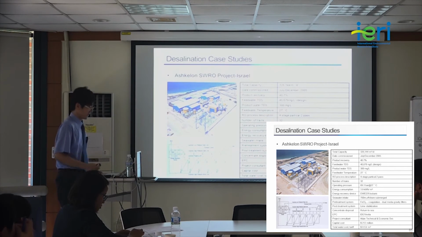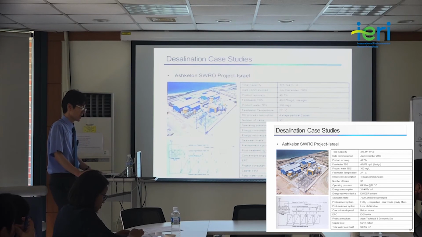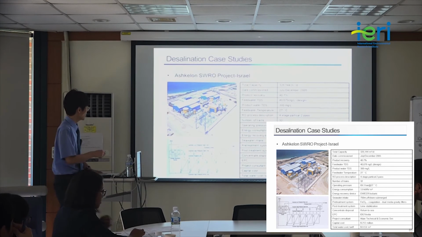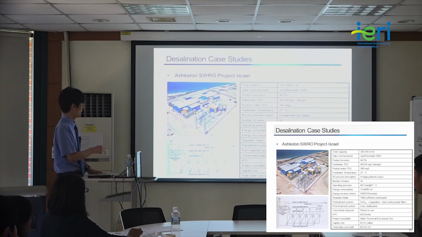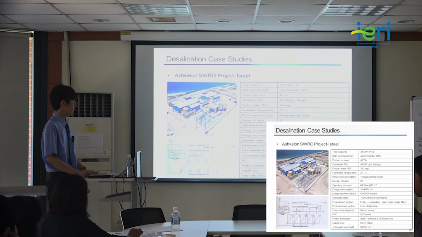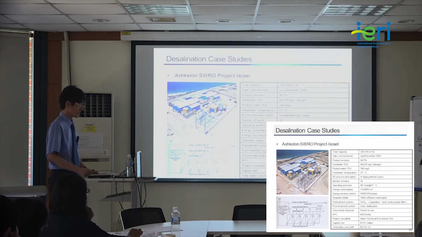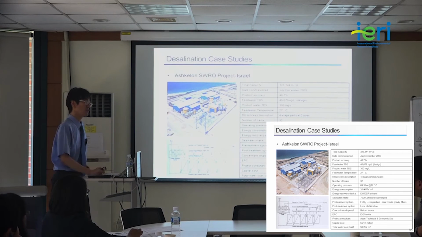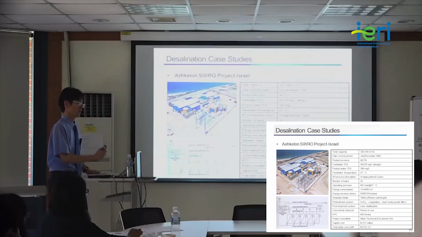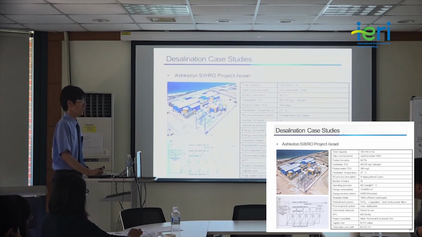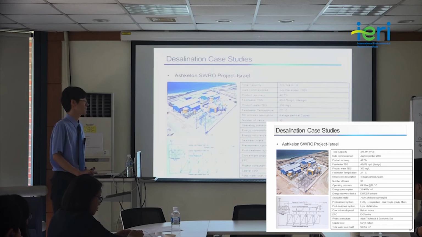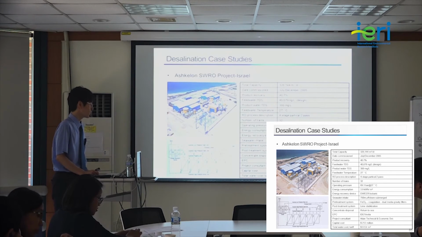And the second secret is they introduced the concept of the pump station, which is shown in this picture. The pump station means instead of an individual pump in each train of the reverse osmosis system, they share a bigger pump for several trains.